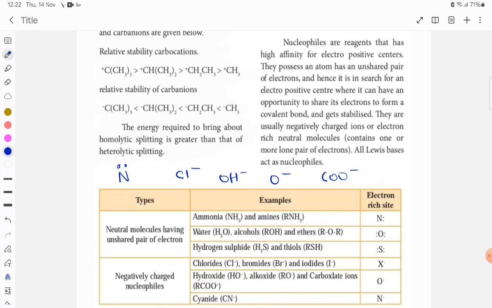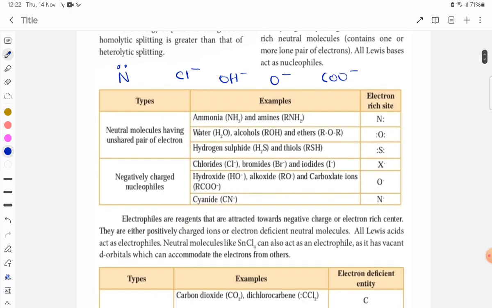In these ions, oxygen has the electron rich site, that is, oxygen has an unshared pair of electrons. Similarly, in cyanide, nitrogen has an unshared pair of electrons, so that is an electron rich center. Hence, these species are called nucleophiles.